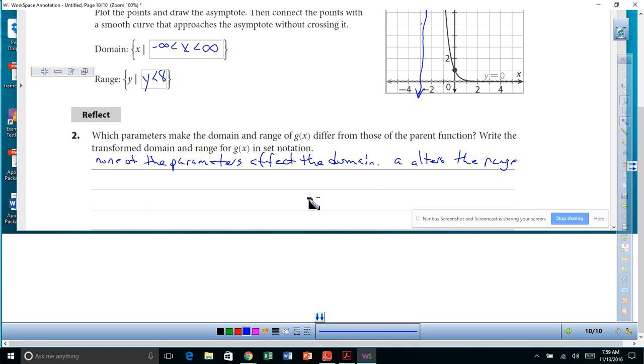if less than 0. Okay, if it's negative, what does it do? And let's see, K alters the finite end of the range.